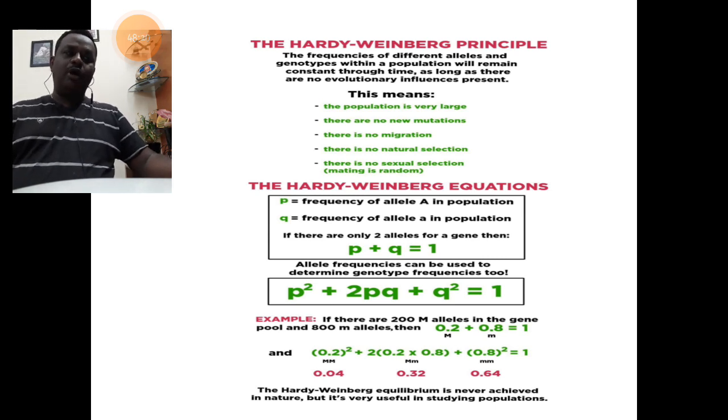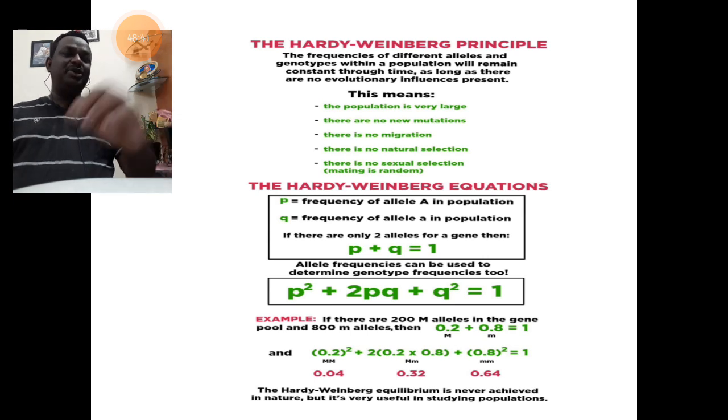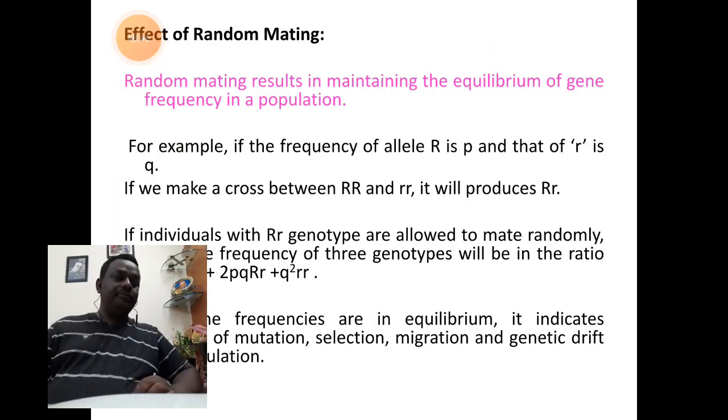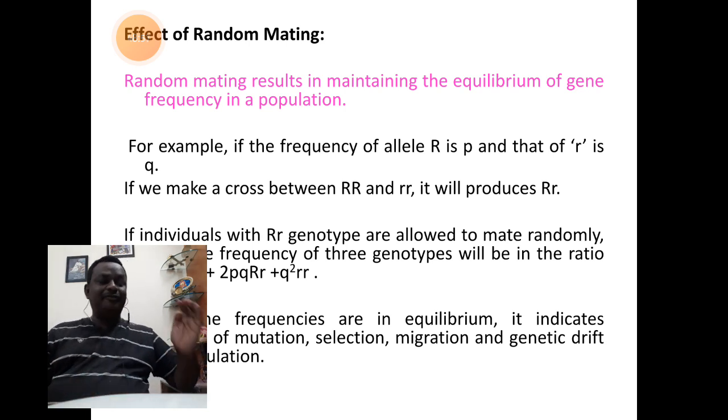So the sum total of small p and q, that is the allelic frequency, is equal to 1. Similarly, the random mating individuals will also show genotypic frequencies p square plus 2pq plus q square, which is also equal to 1. And down below is an example to represent the Hardy-Weinberg principle again. So random mating in a population is needed very much for the Hardy-Weinberg equilibrium, along with no external forces.